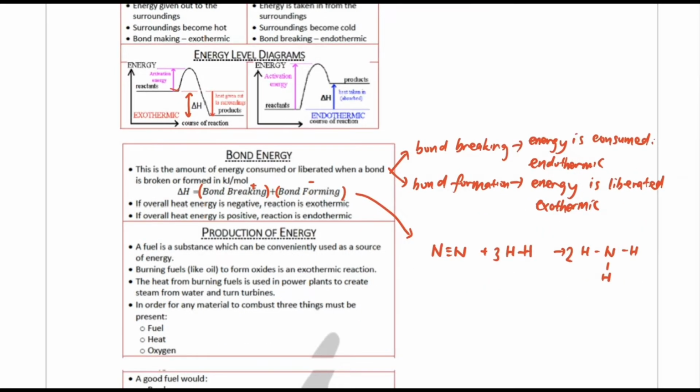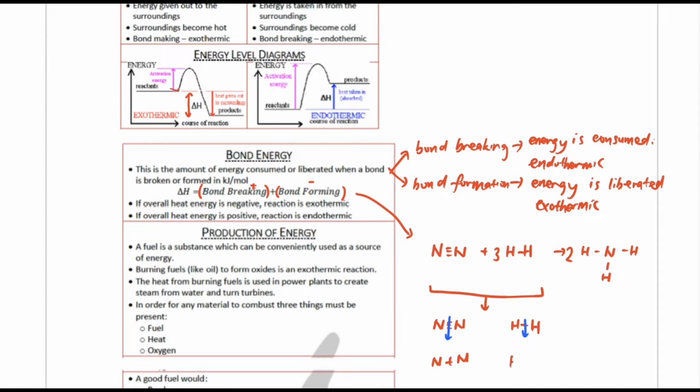So bond breaking. Bond breaking is happening on the reactants. So the N triple bond N, you need to break the bonds to N and N. The hydrogens, you need to break the bonds to H and H. Try to imagine that.